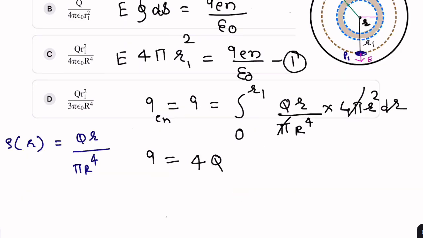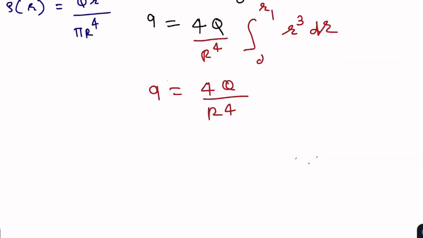Q is constant out of the integration, and R raised to 4 is also constant. Therefore, integration from 0 to r1, this r and this r square give r cube dr.